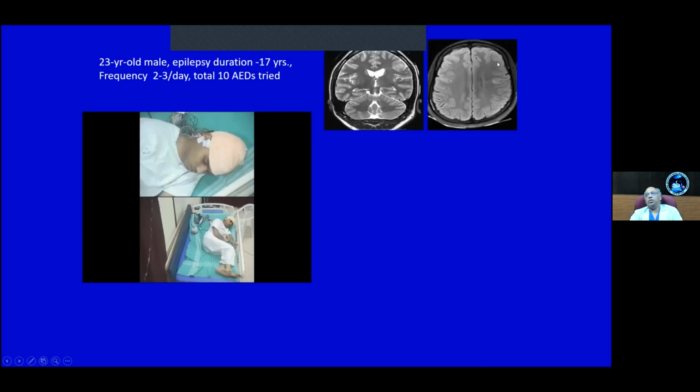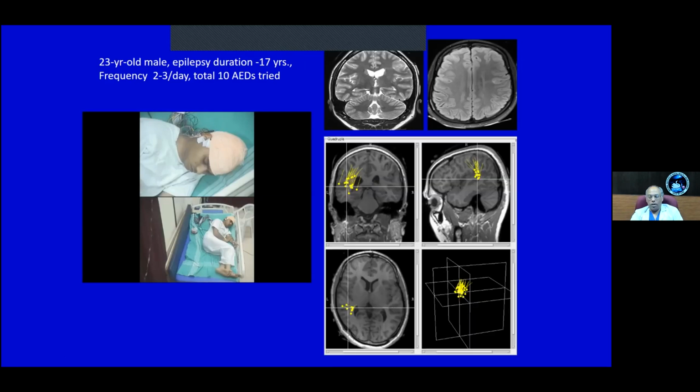And this young man presented again with frontal lobe seizures, and then there's a bottom of sulcus dysplasia anterior to the central sulcus in the premotor area, whereas the MEG dipole cluster was posterior to the central sulcus.